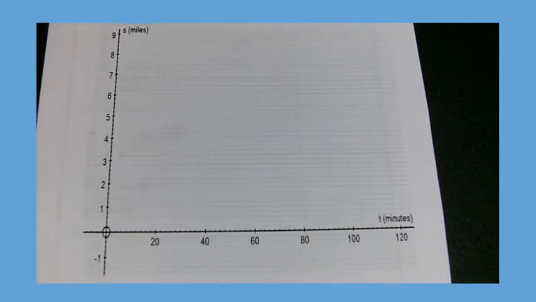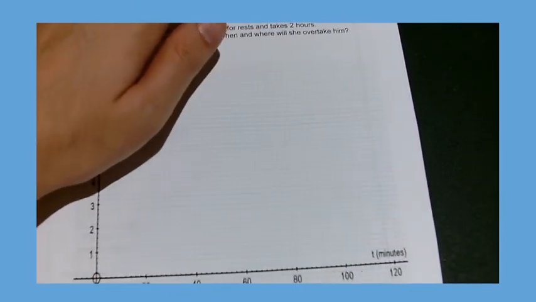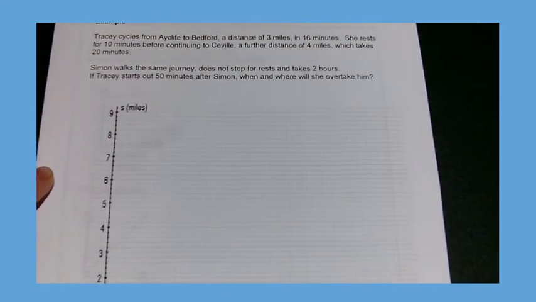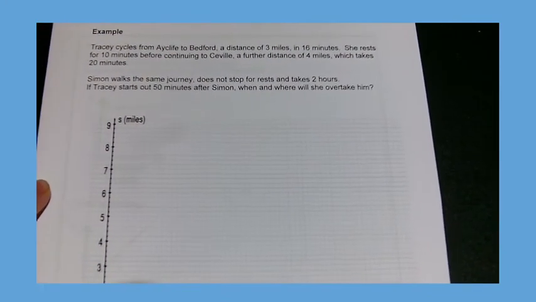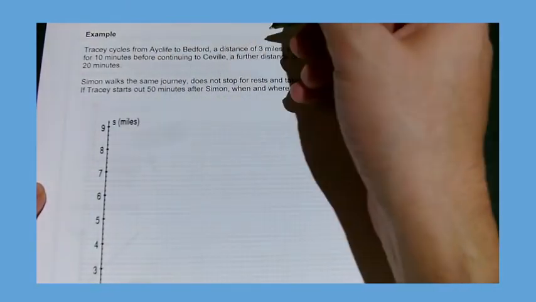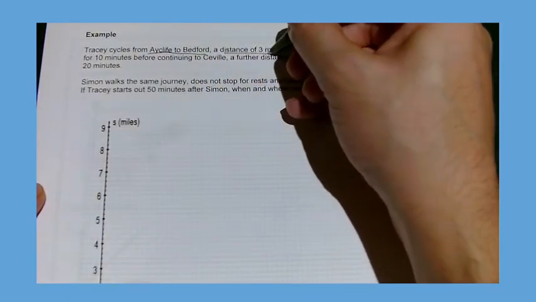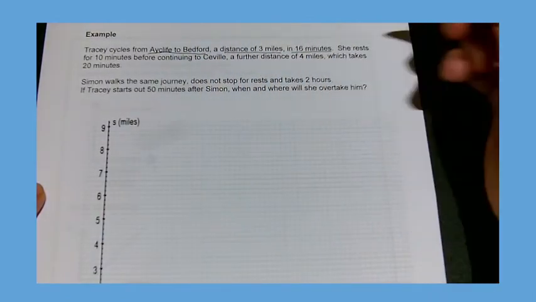So if we've got this example here in front of us, Tracy cycles from Aycliffe to Bedford, distance of 3 miles, so it's good to underline things. She does that in 16 minutes.